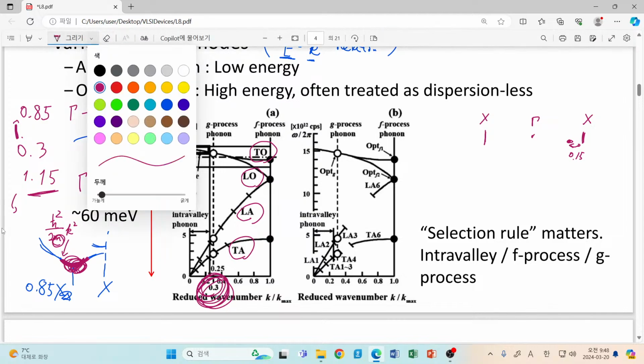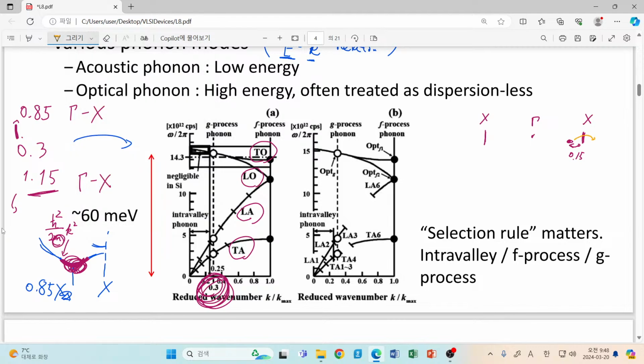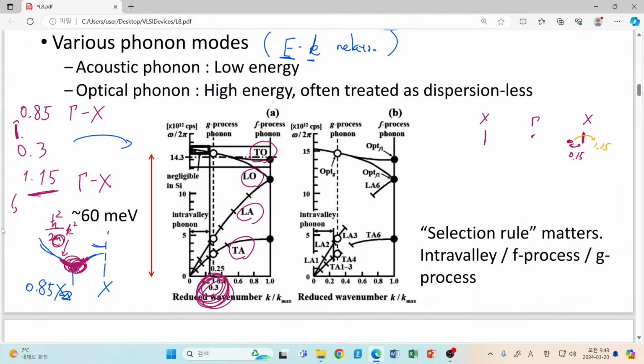Then where are we going now? We are going to 1.15. Then in order to place this point back in our first Brillouin zone, we must take -2. Are you with me? Then that is just placed in that way, and the final position becomes -0.85 measured from our gamma point.